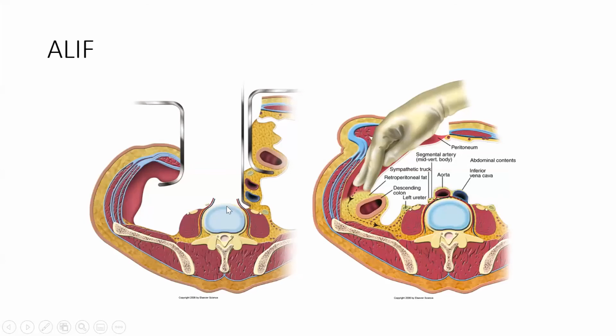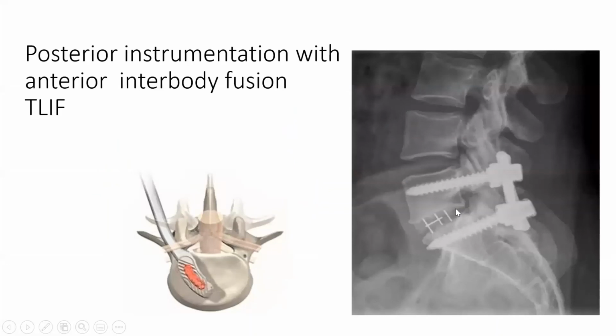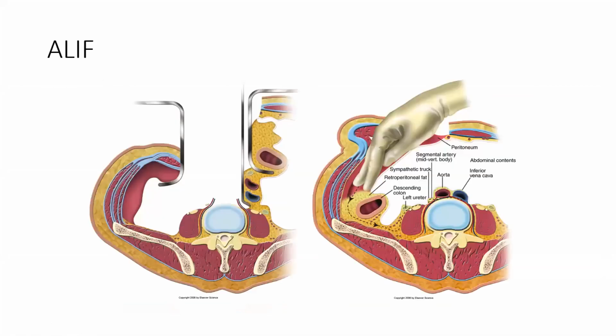Okay, you may want to do interbody fusion from the front. In this instance, I got to the disc space by coming from behind. I may choose to come from the front, and there are reasons why I may want to do that. The approach in front is called the anterior lumbar interbody fusion. It's a retroperitoneal technique.